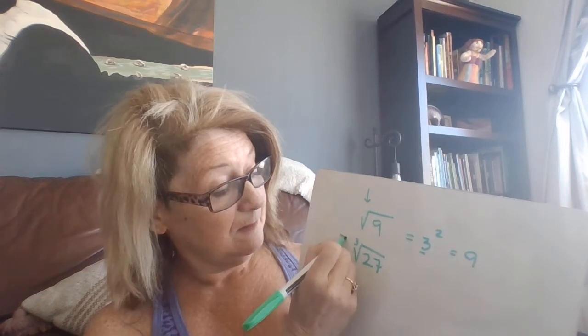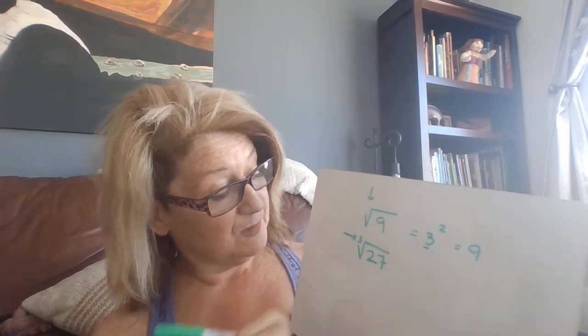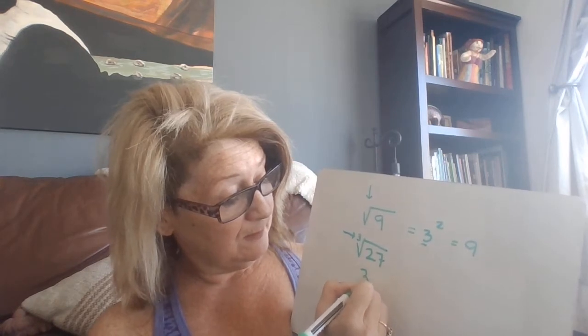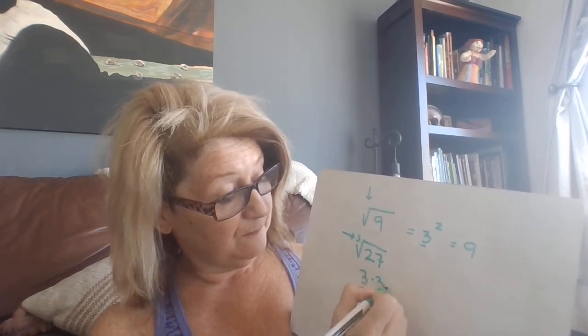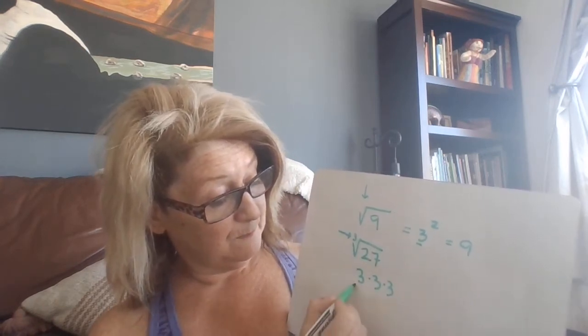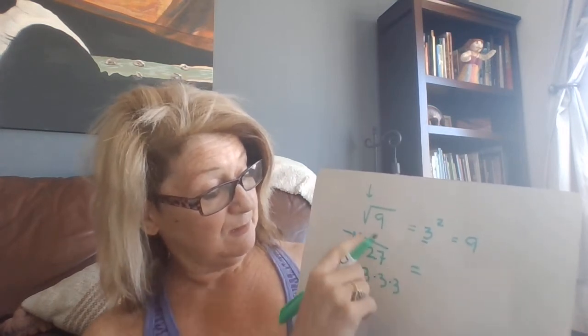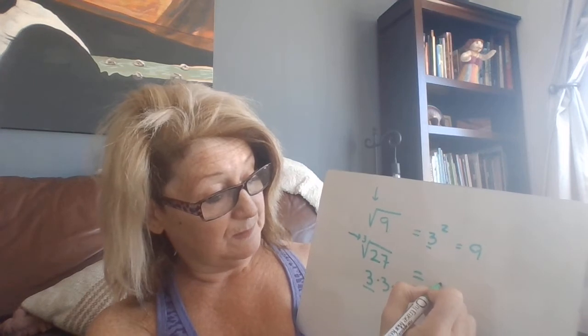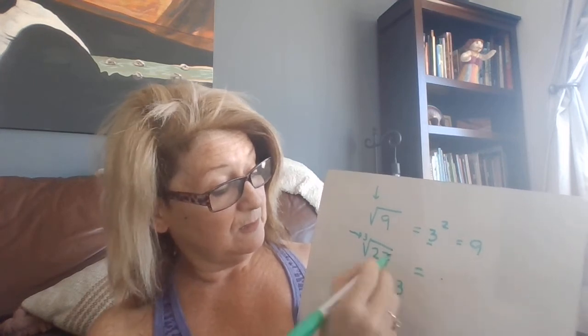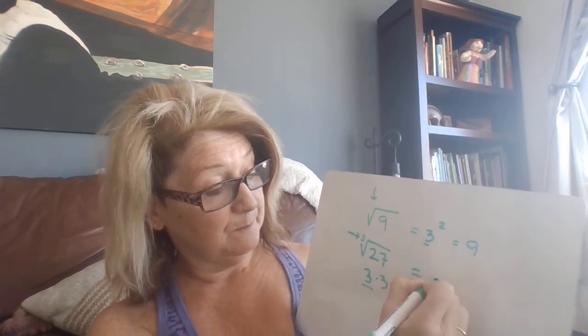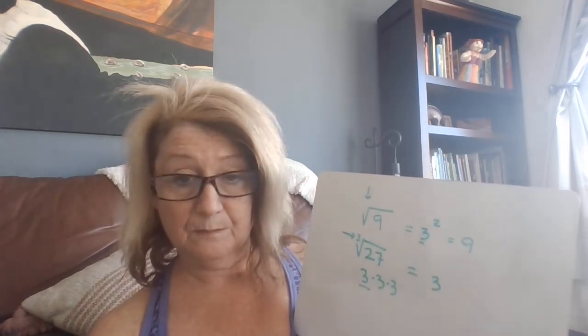The index here gives us 3. And we know we're looking for a number that times itself 3 times is the root. So 3 times 3 times 3 equals 27. So the cube root of 27 is 3.